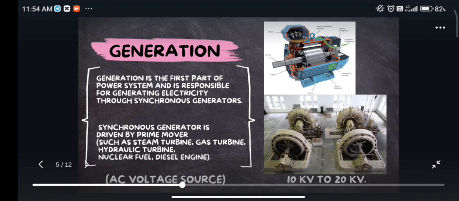The voltage supplied from generation is around 10 kilovolt to 20 kilovolt. As you can see here, the diagram shows the induction motor; the bottom induction motor is the old induction motor used in old applications.